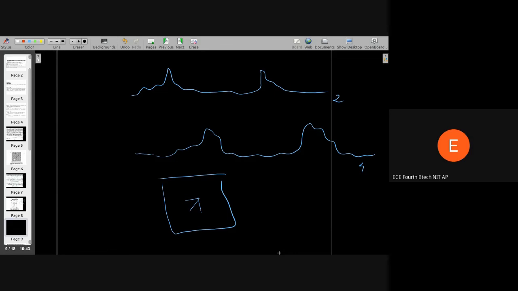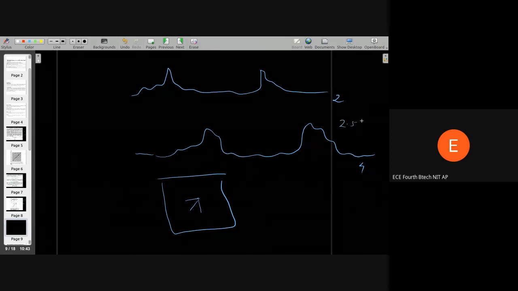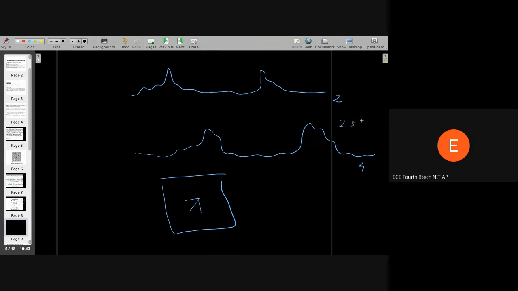If those are comparable sequences, let's say one is 2 seconds, another is 2.5, this will probably work quite well. But if the lengths of the sentences are quite different from one another, then this simple DTW mechanism might not work well.